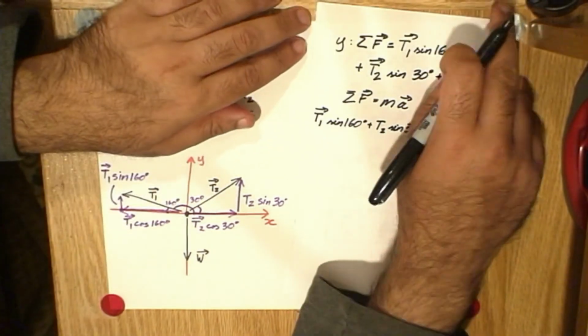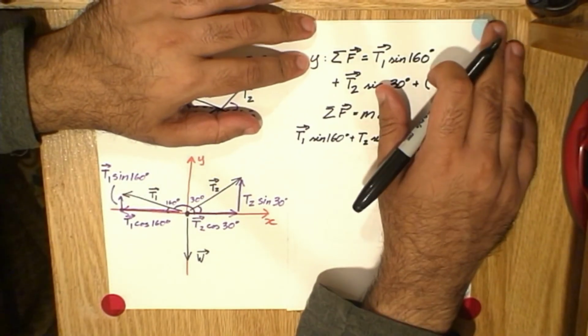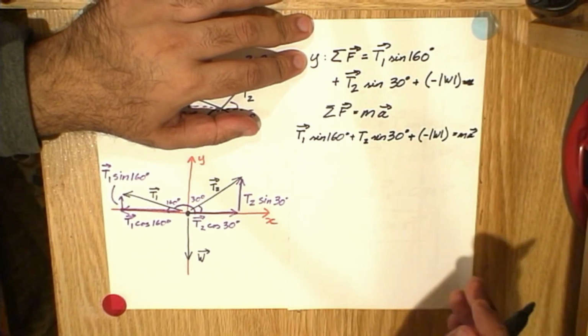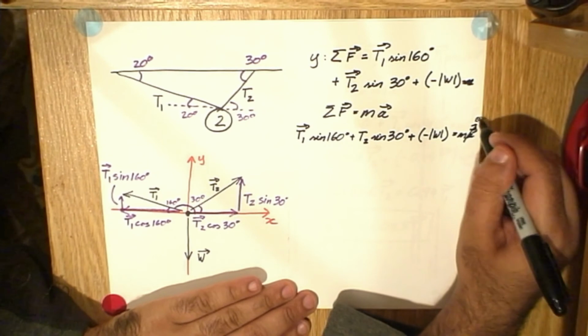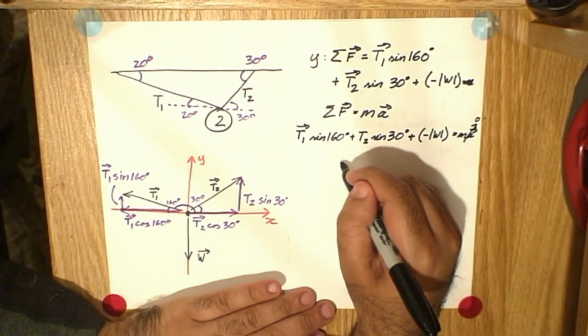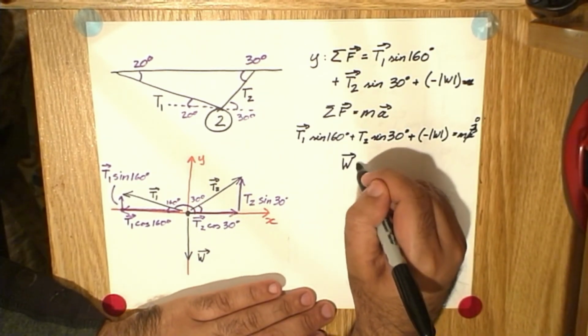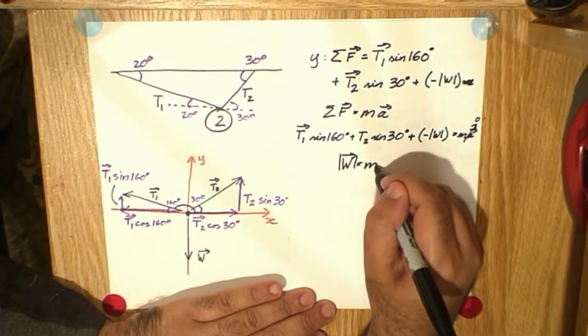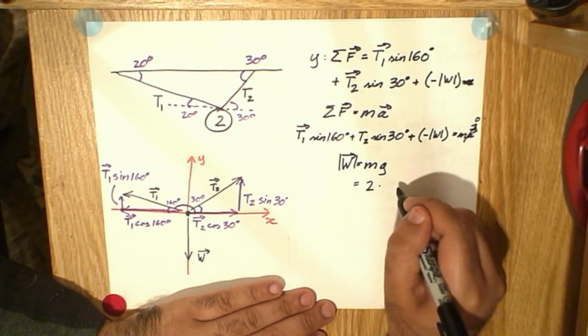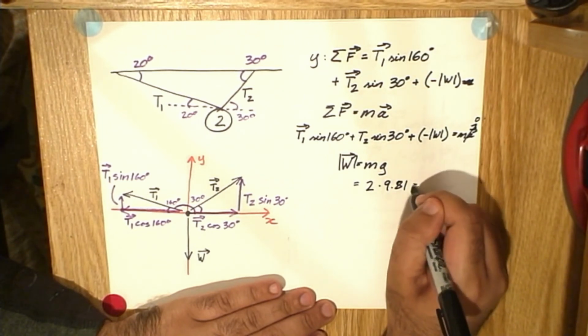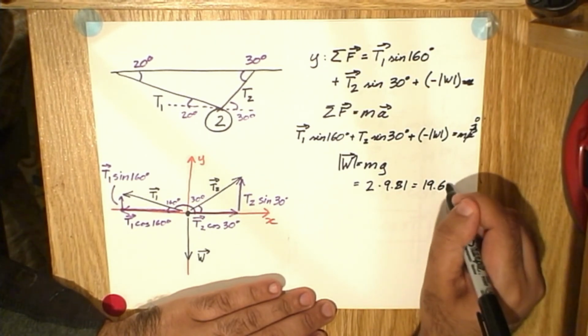Now, we know again that this object is not moving, so that means that its acceleration in the y direction is 0. What about its weight? Its weight is given by mass times gravity, which is mass 2 times gravity, 9.81, which is equal to 19.62.